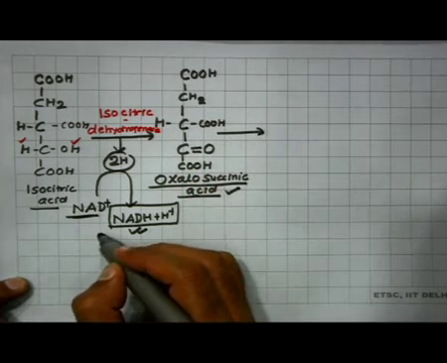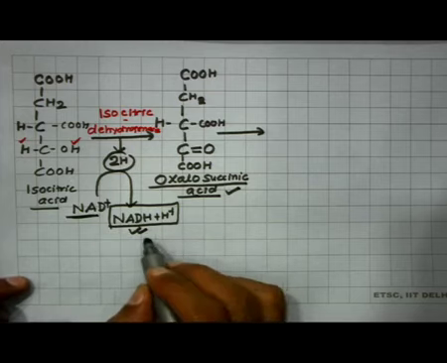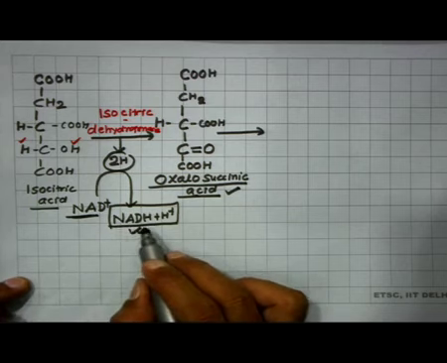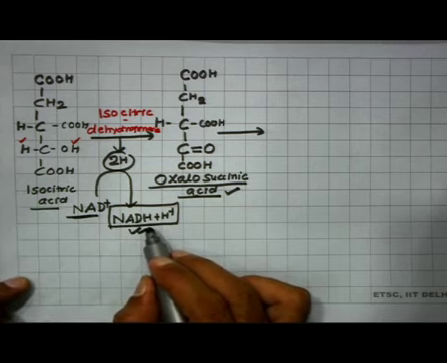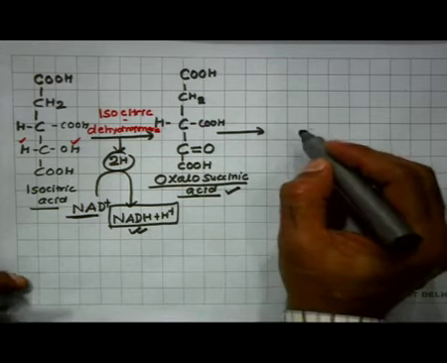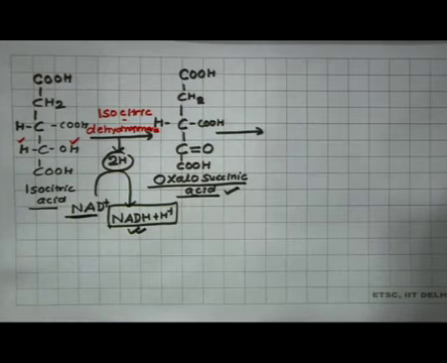This will be further used in the electron transport chain and the oxidative phosphorylation, where reoxidation of this reduced coenzyme is going on and it helps in the formation of ATP. Now, the oxalosuccinic acid, this is the dehydrogenation process, this one is the third step of the Krebs cycle.